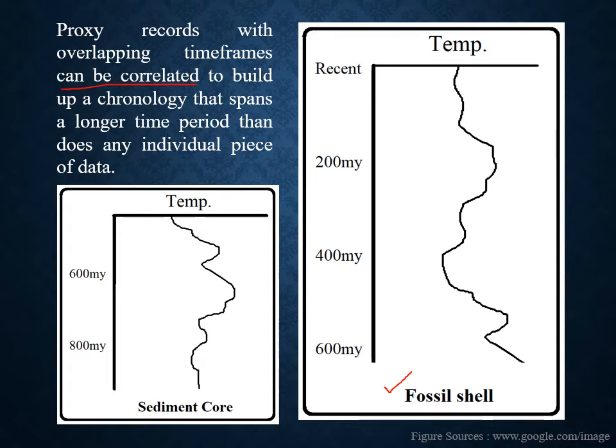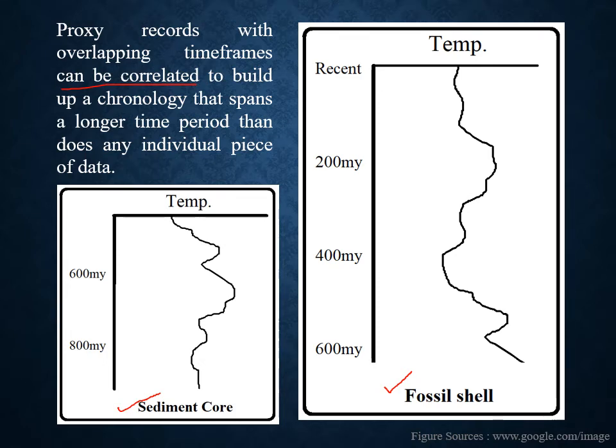So definitely, for getting data beyond this time, we have to depend on another tool. Say for example, in this case, that will be the sediment record, sediment core data from the mineralogical records preserved within the rocks. We get the temperature data for the time span beyond 600 million years.